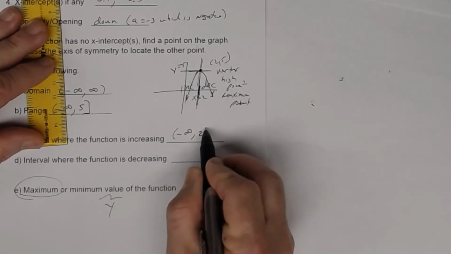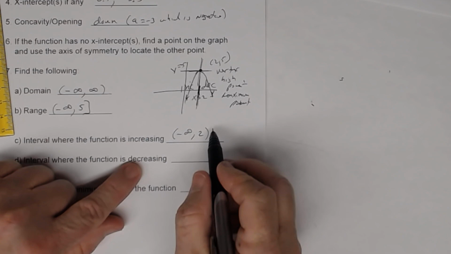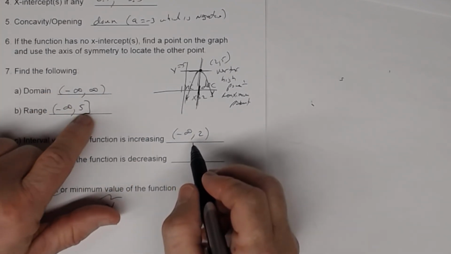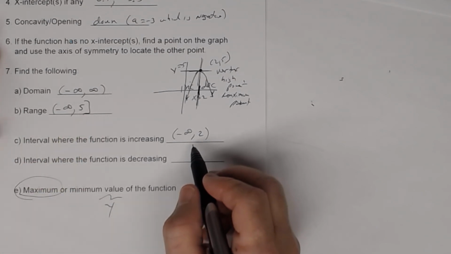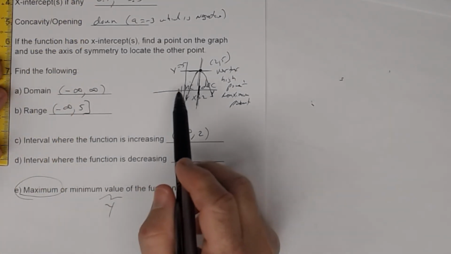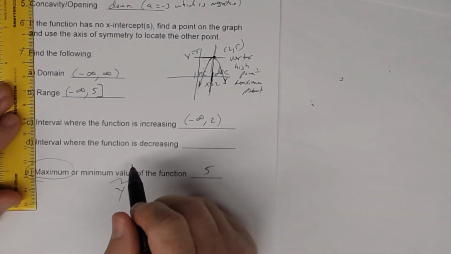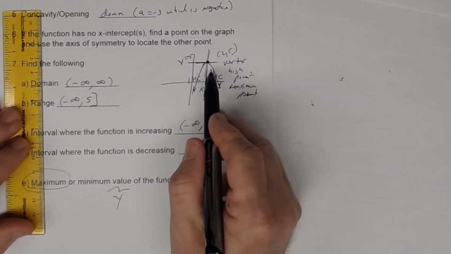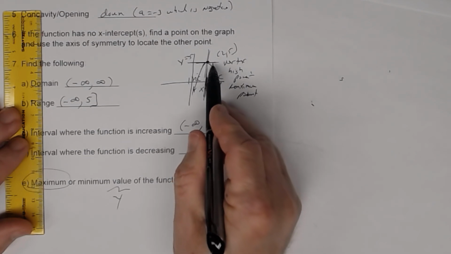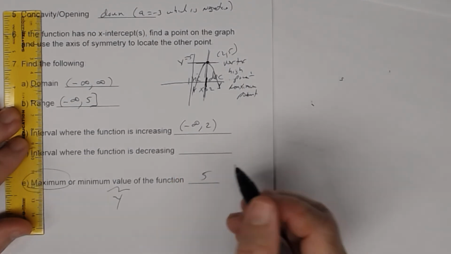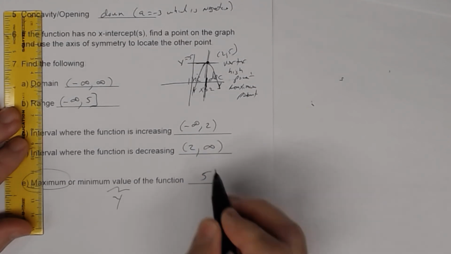Negative infinity to 2. And remember, when we do increasing and decreasing, it's always parentheses. It's only with range and domain that if you have a number, you're going to use brackets, if you're looking at a polynomial function. And where it's decreasing, it's decreasing from 2 to infinity. My y values are decreasing in the interval from 2 to infinity.